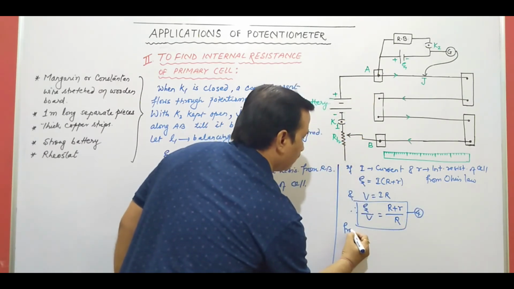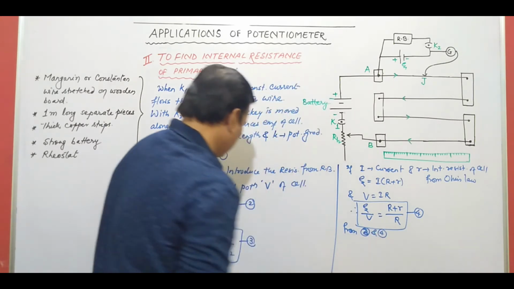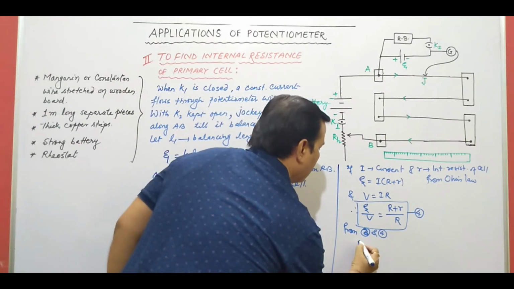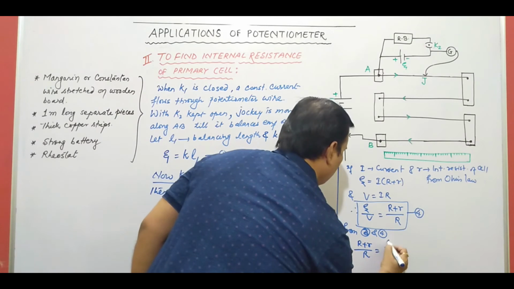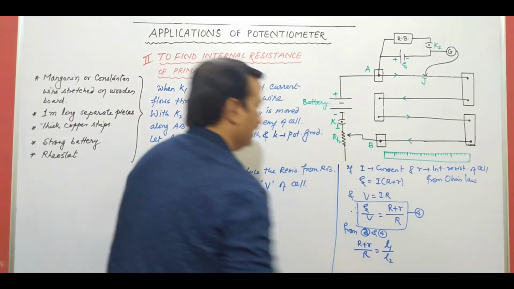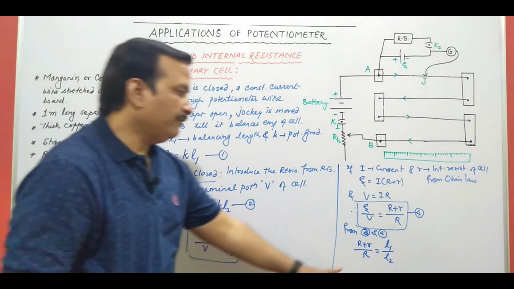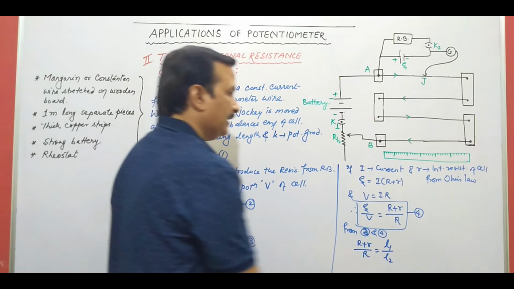So from 3 and 4 you can see the left sides are equal, so we will get (R plus r) upon R equal to L1 upon L2, right? From here we need to find out small r. How will it come out?